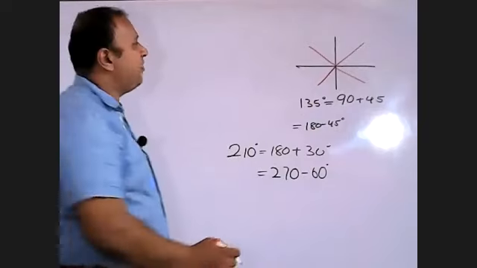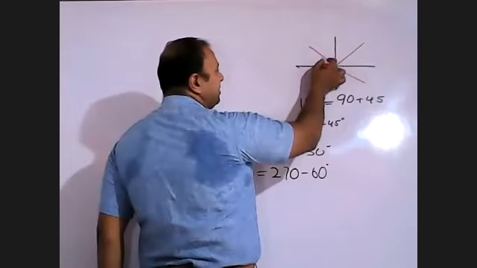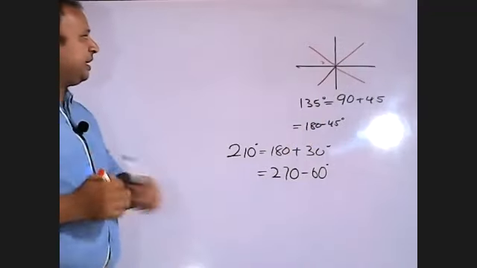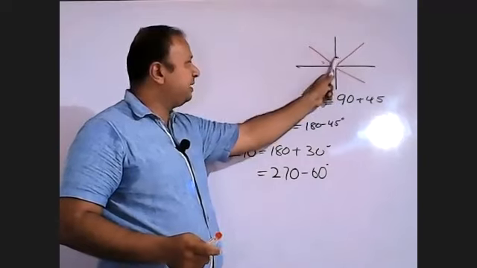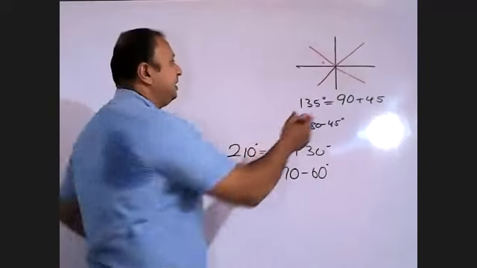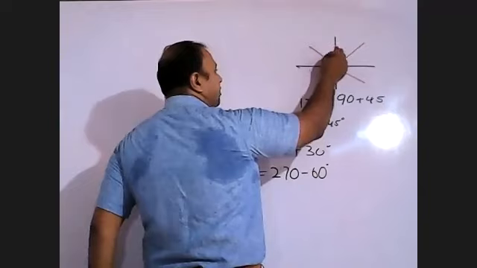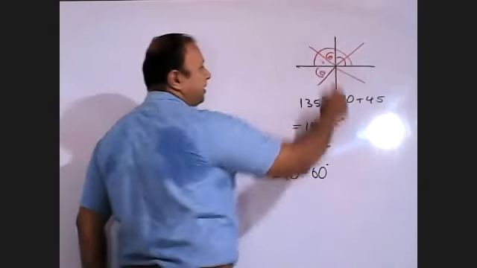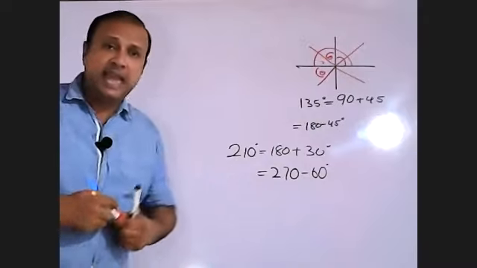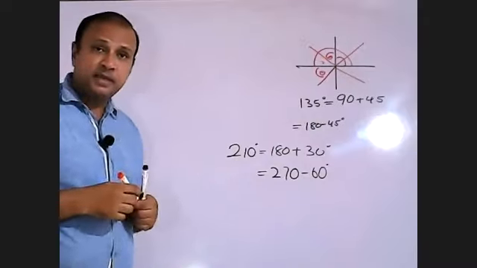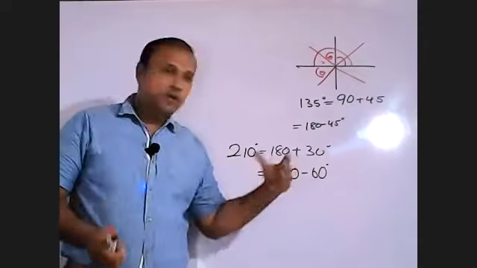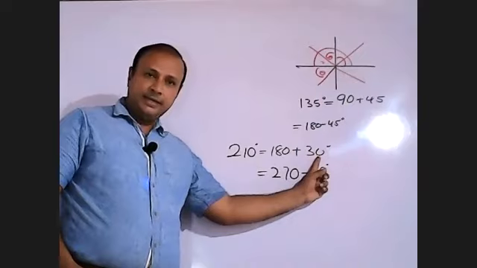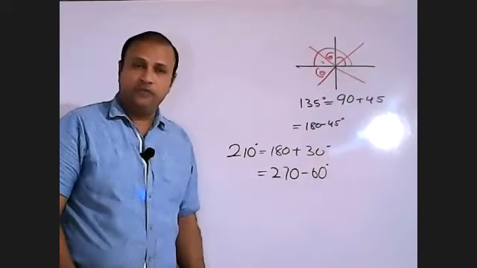Therefore, you can combine these angles using an integral multiplication of 90 and an acute angle. Therefore, any angle can be written as an addition or subtraction between an acute angle and an integral multiplication of 90.